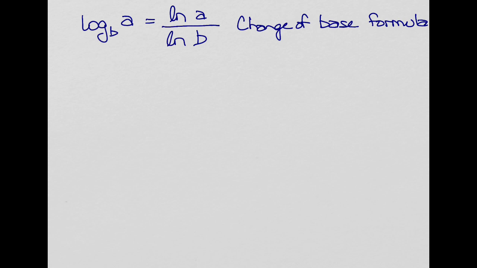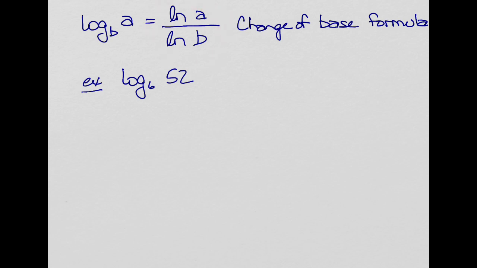For example, if I want to evaluate log base 6 of 52, well, we could go through that whole thing again, or we can just look at where we ended up here.